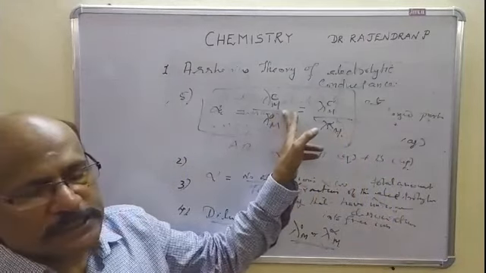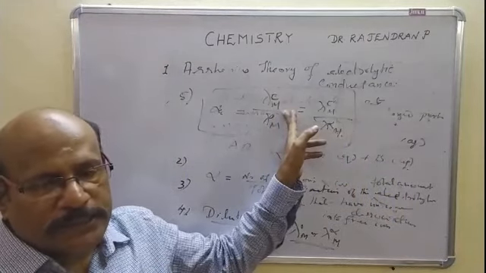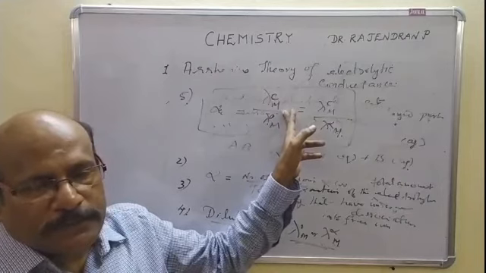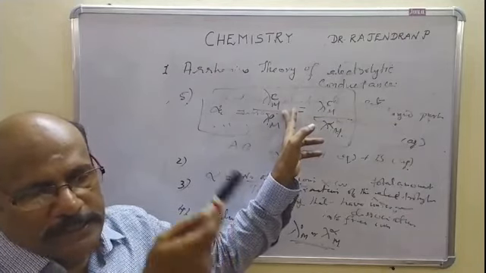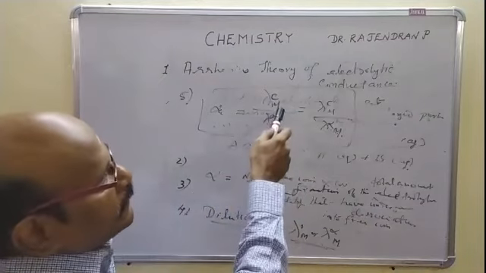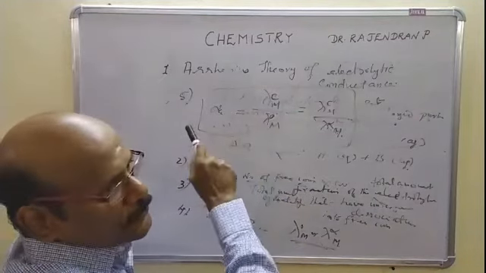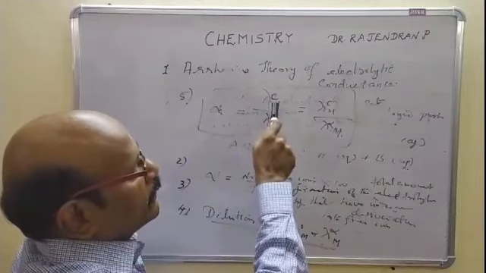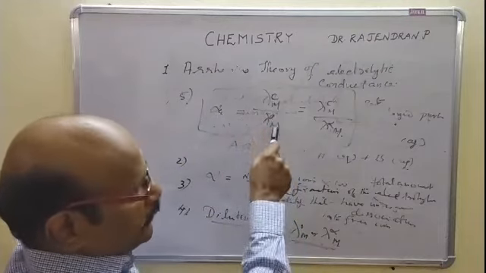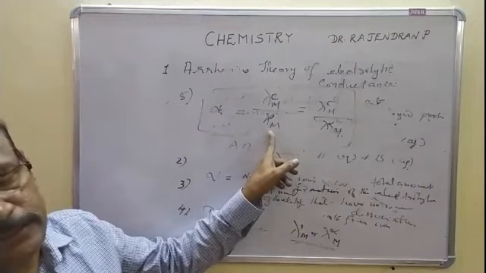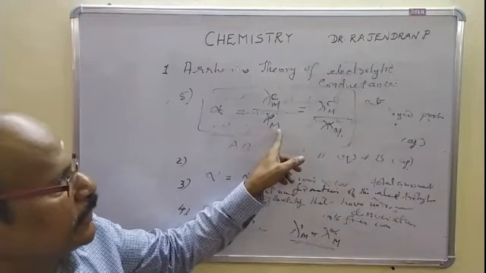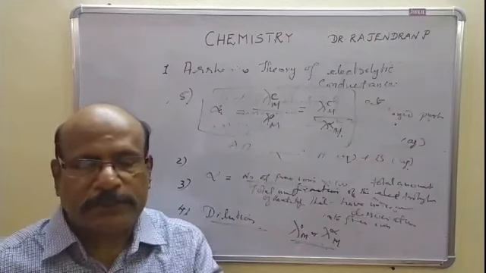At all other concentrations, only partial ionization occurs, so the number of ions is accordingly less. So the conducting power is according to that number of ions. So lambda m at that concentration divided by lambda m at limiting dilution, that is lambda 0 m, gives the measure of the degree of dissociation.